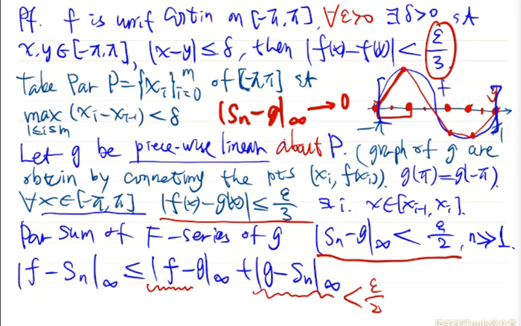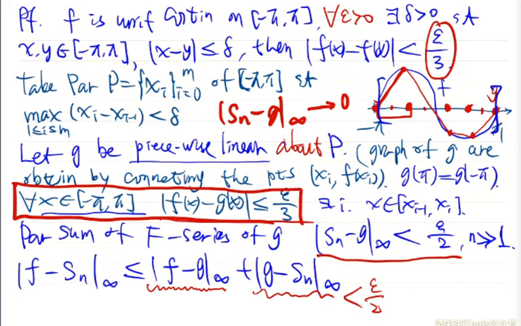For f minus g, for every x in the interval [minus pi, pi], the absolute value of f(x) minus g(x) is not greater than a third of epsilon. The supremum of this is precisely the L infinity norm.